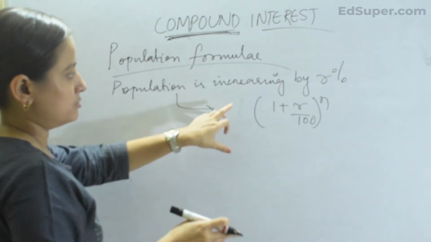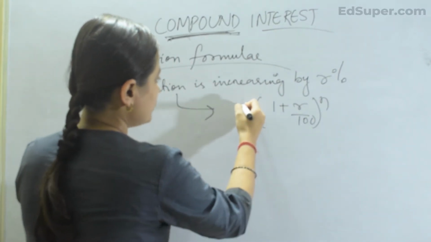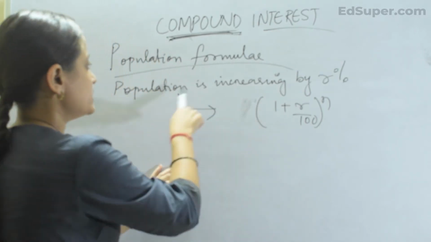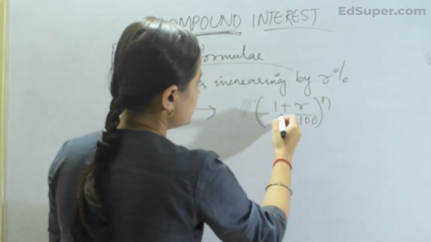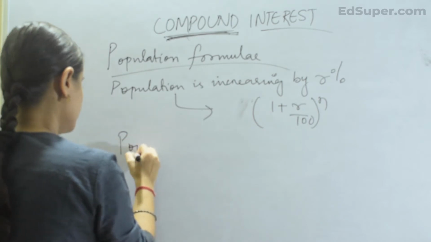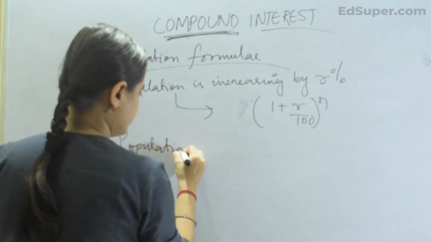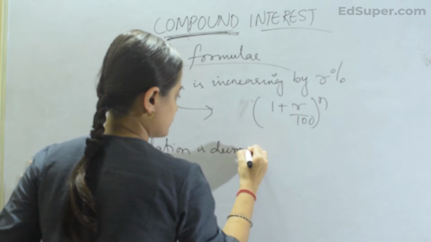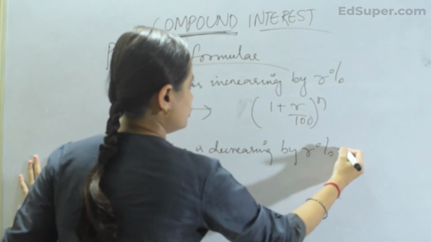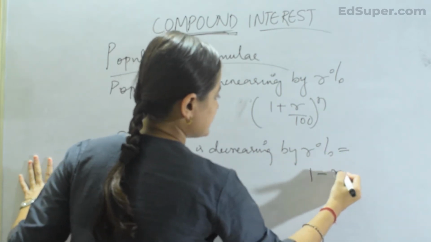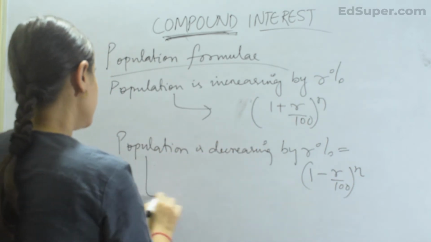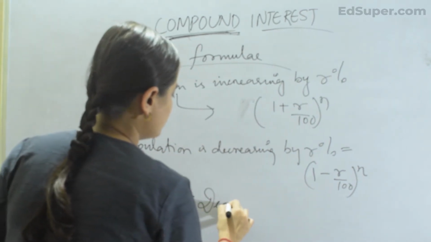In the amount formula we wrote P, but here you don't write anything instead of P because only the increase by R% is given. And if the population is decreasing by R%, your formula will be (1 minus R by 100) to the power n. This is also known as the depreciation formula.